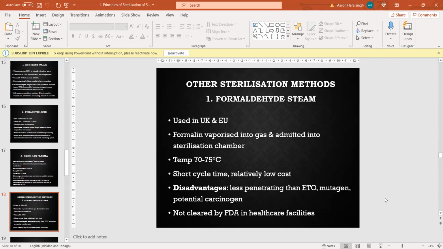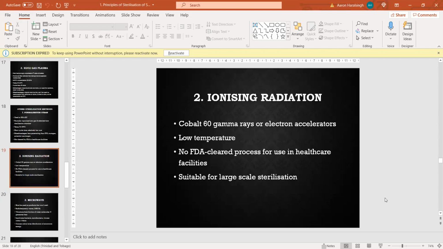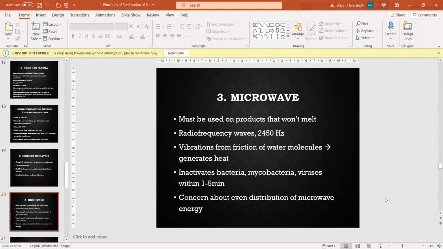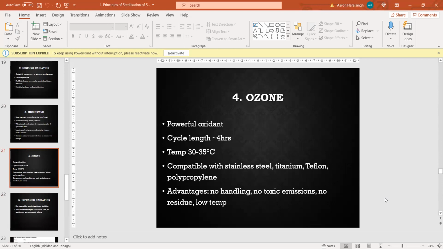One of the disadvantages is that it is less penetrating than ethylene oxide, and it's a mutagen and also a potential carcinogen. And it is actually not approved by the FDA for use in healthcare facilities. Another gas approach is ozone. As we know, ozone, O3, is a powerful oxidant, but it uses a long cycle length of about 4 hours.